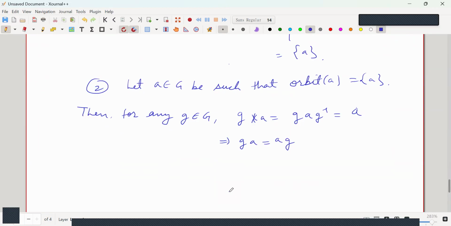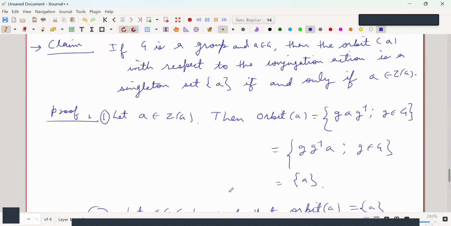So this implies a belongs to the center of G. Listen, it's an if and only if statement, right? Clear? Yes, sir. Okay.